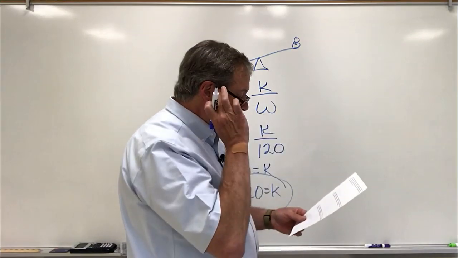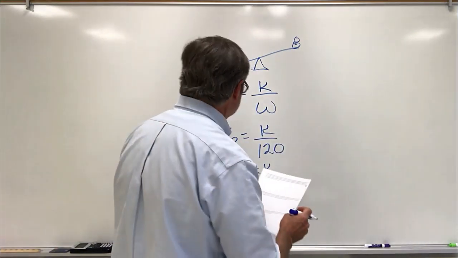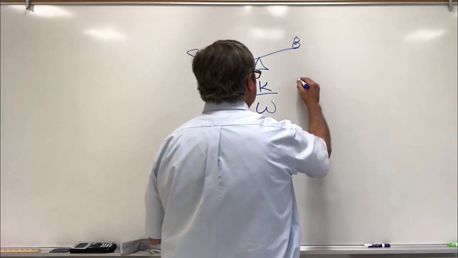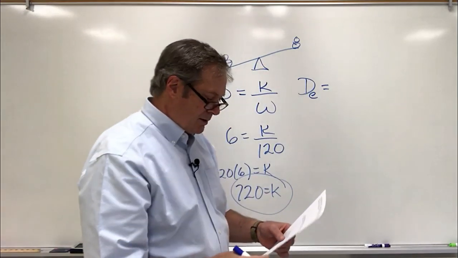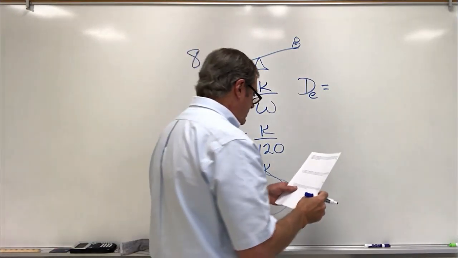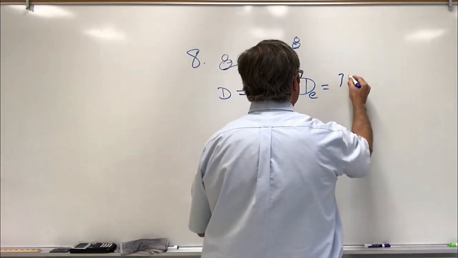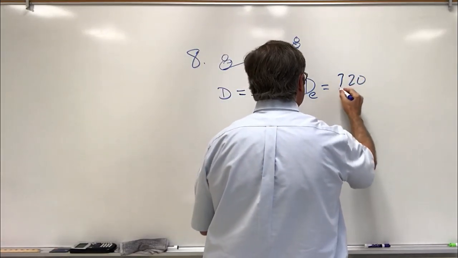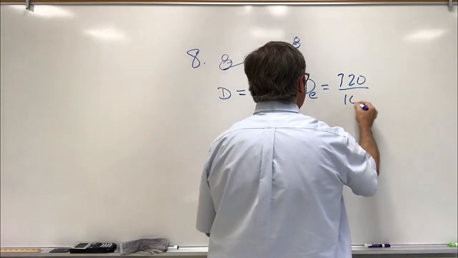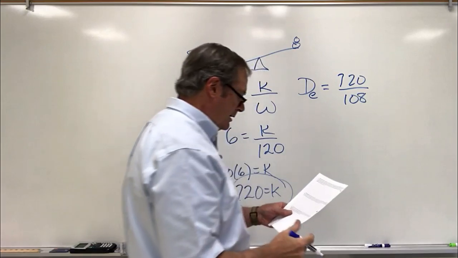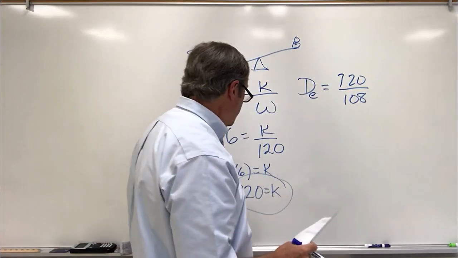All right, second situation. Eva weighs 108 pounds. So how far from the fulcrum, in other words, we're solving for distance, how far, distance sub E, I'll call it for Eva, must she sit in order for the thing to balance? So we've got 720 over 108. 108 is how much Eva weighs, and 720 was the constant.